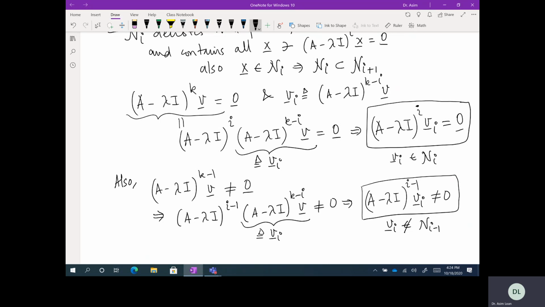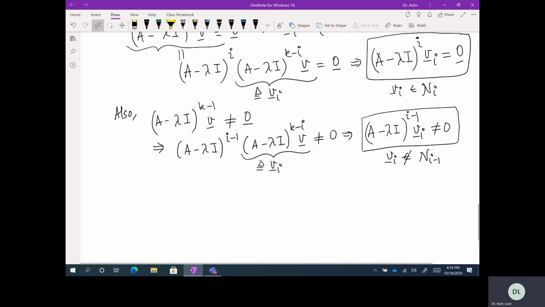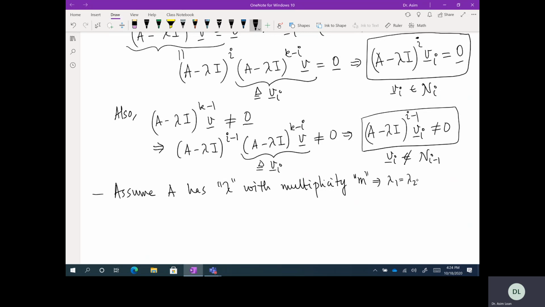Good. So now what do we do? Assume A has eigenvalue lambda with multiplicity m. This means lambda 1, lambda 2, up to lambda m all equal some lambda.